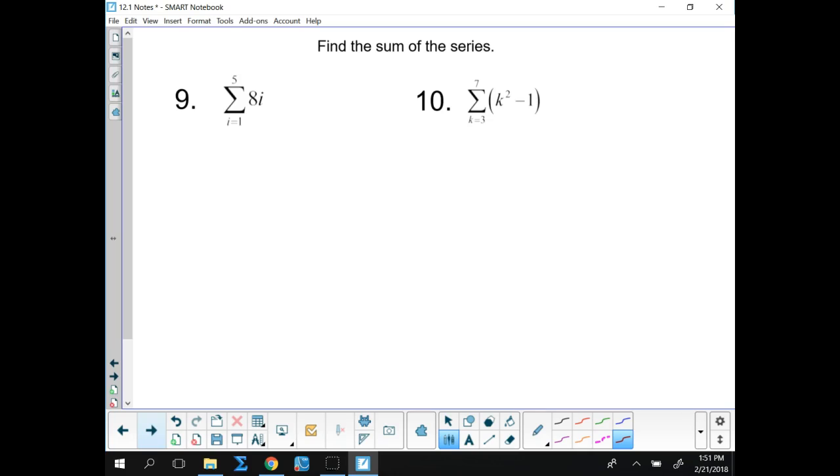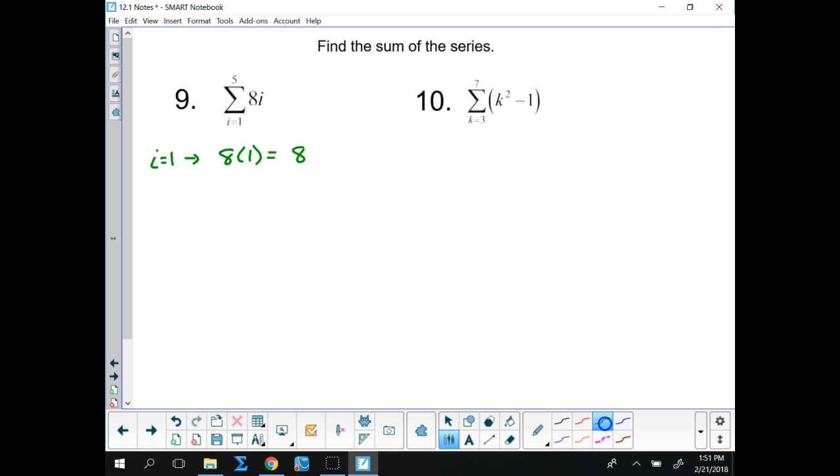So you're going to start by putting in your first number, your starting number. You're going to put in 1 into your rule. So that's going to be 8 times 1, which is 8, right?